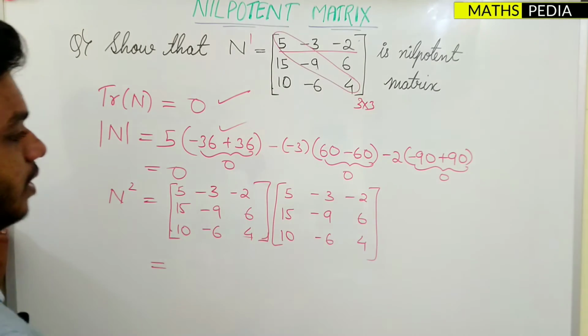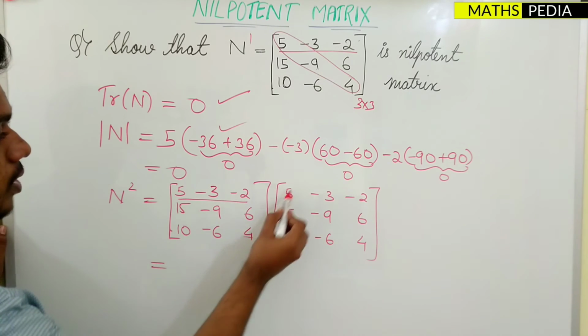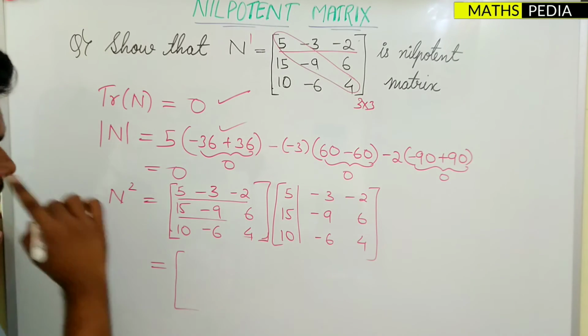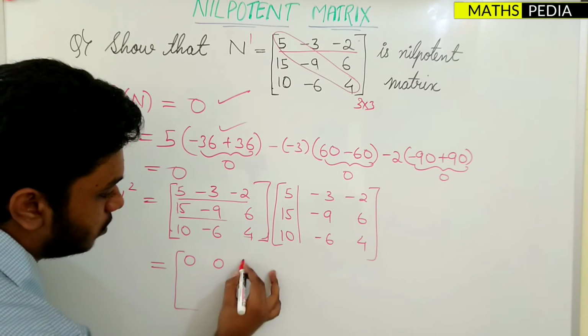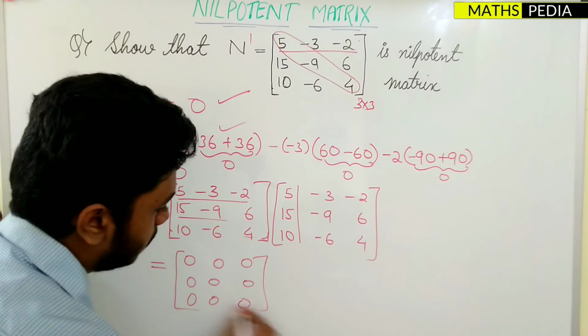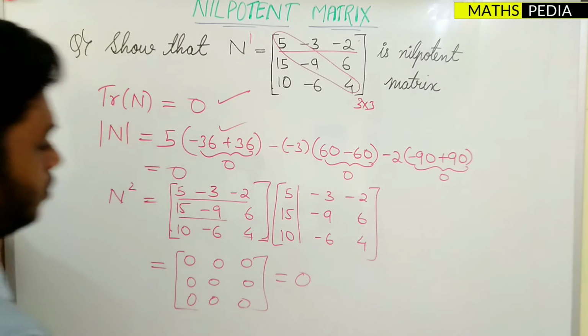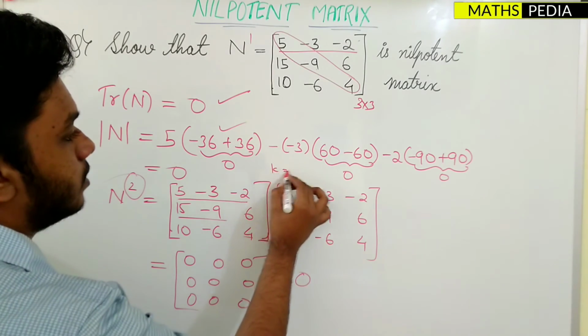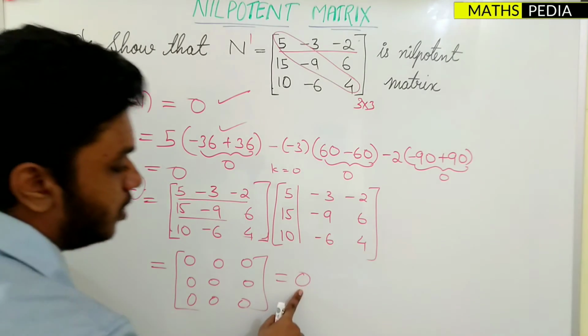Now after multiplying, this row into this column, again this row, like that you have to multiply. When you multiply, you will get 0 0 0, 0 0 0, 0 0 0, which is equal to 0. So at k equal to 2, I am getting N power k equal to 0.